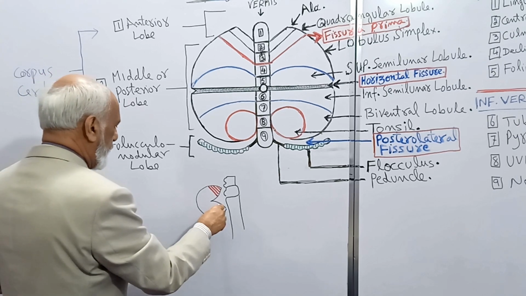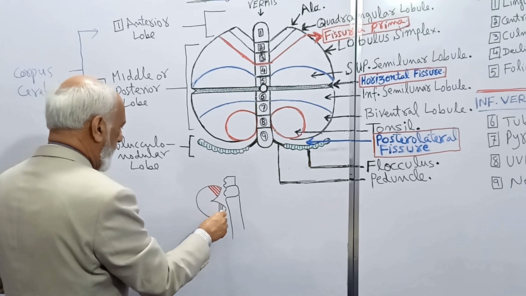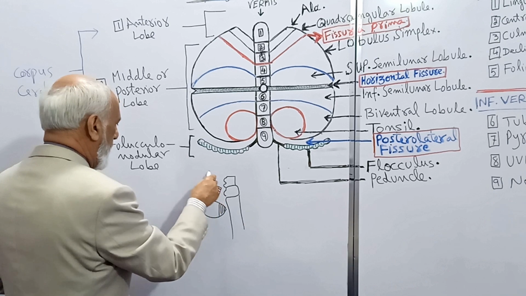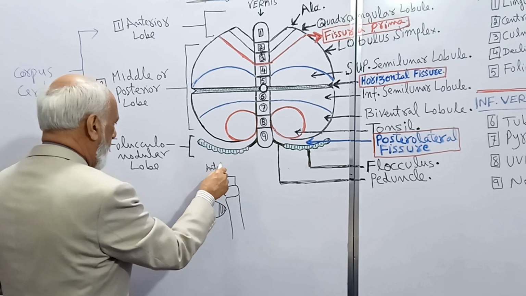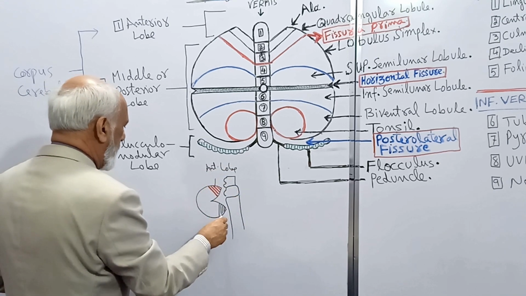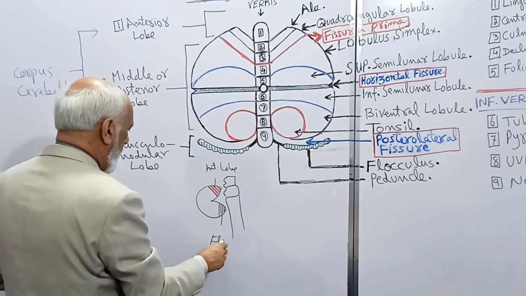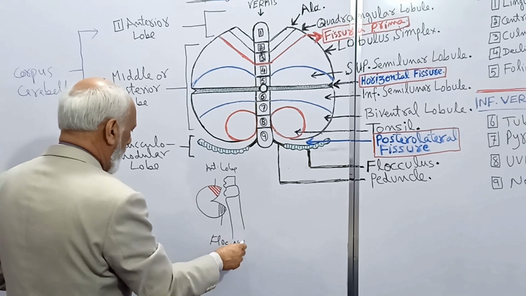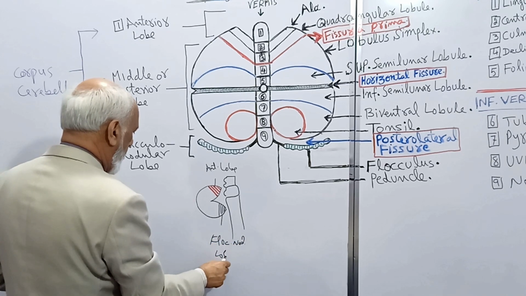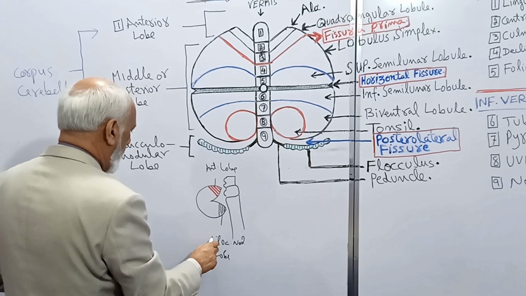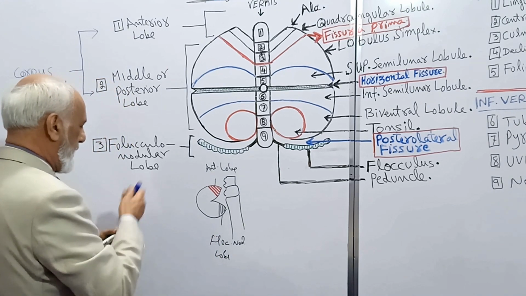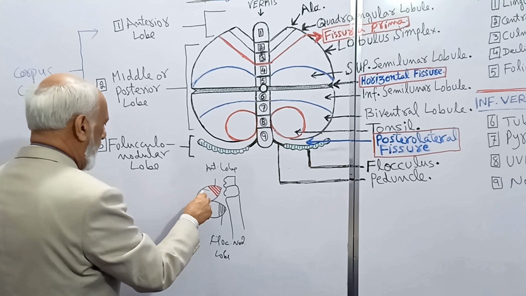And this is the flocculonodular lobe. Anterior lobe, flocculonodular lobe, and here is the middle lobe.